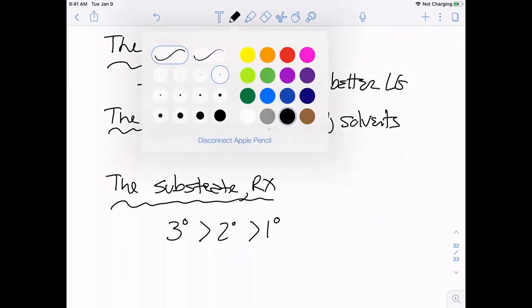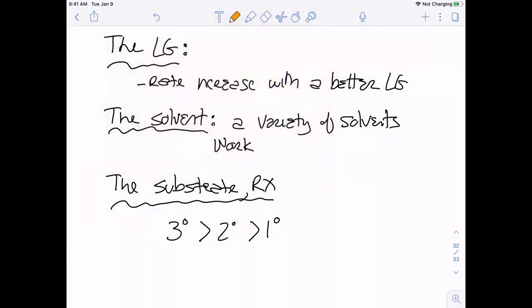So watch out for that. A lot of times folks will think that the SN2 stuff is the same for the E2 stuff, and it's not true. This is the opposite to the trend seen with SN2. So just be careful. Don't assume that because there's a 2 in the title that they're the same. This one isn't.